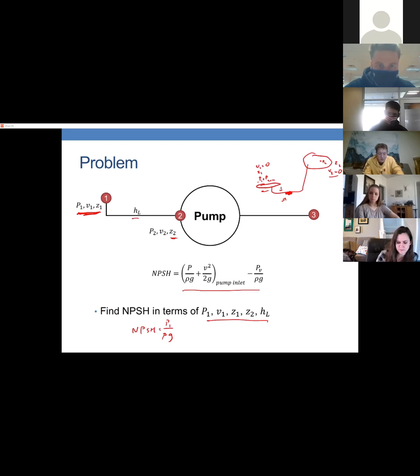V1 squared over 2g. V1 squared over 2g, great. Plus the next part? Delta Z, or Z1 minus Z2. I would usually say delta Z means Z2 minus Z1, so it would be minus delta Z. But I'll just write it out like this.